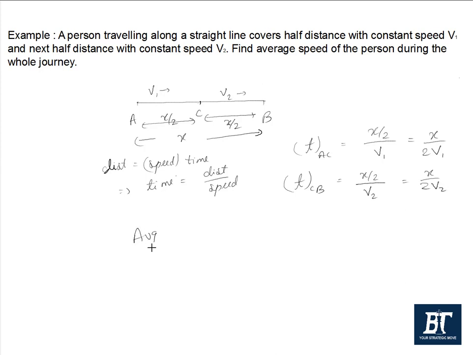Now we have to find the average speed of the person during the whole journey, and we know that average speed is nothing but total distance traveled upon total time taken. So total distance traveled is x and total time taken will be the summation of time taken to travel from point A to C and time taken to travel from point C to B. Let's substitute these values.